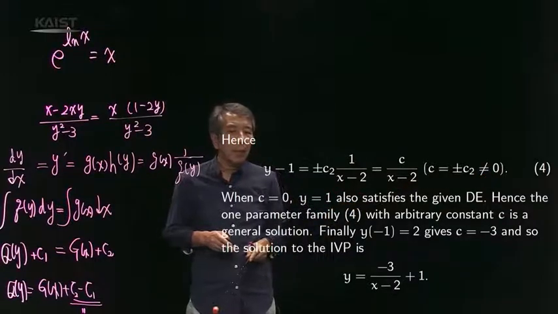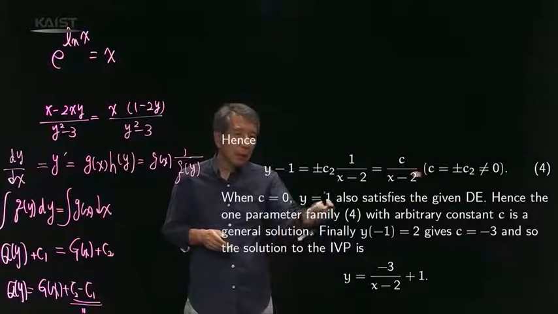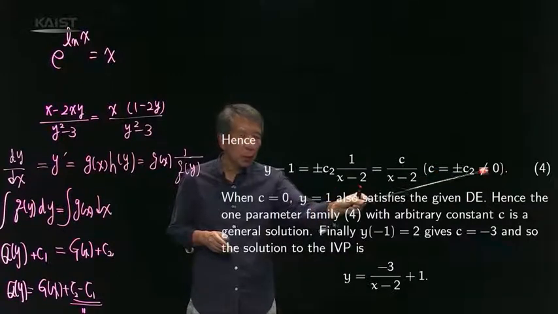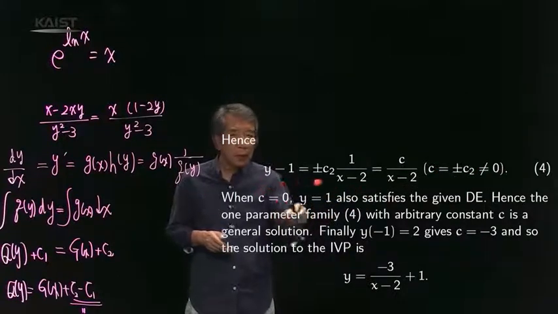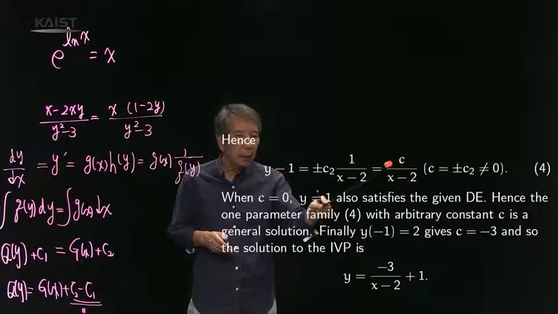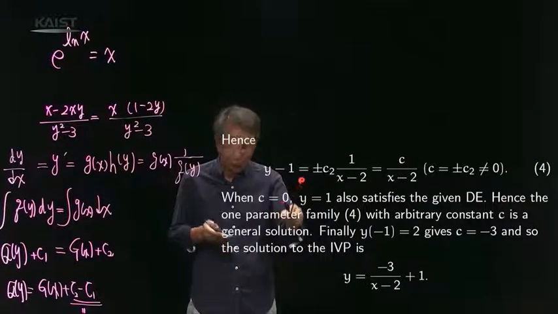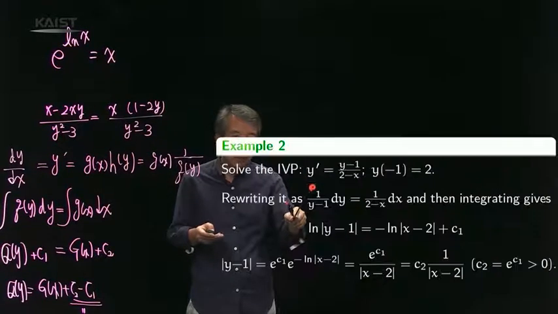Let's check the exceptional case when c is equal to 0. What happens to this expression when c is equal to 0? If c is equal to 0, the right-hand side is equal to 0, so y must be identically 1. And y identically equal to 1 should satisfy the given differential equation, as you can see from here.